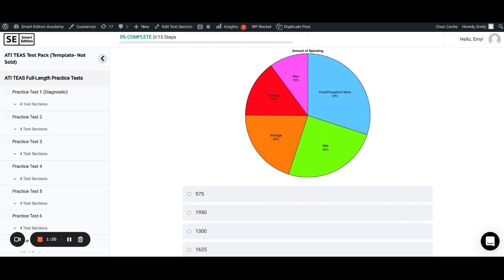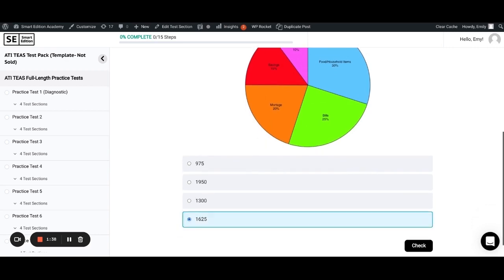Again, the problem states the family earns $6,500 a month. It wants to know how much money is spent per month on bills. The correct answer is D, $1,625.